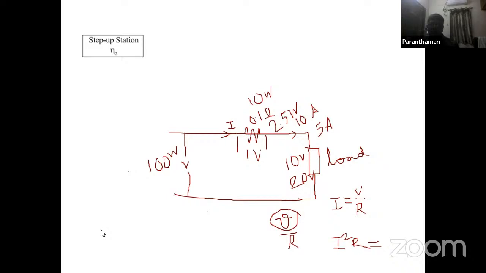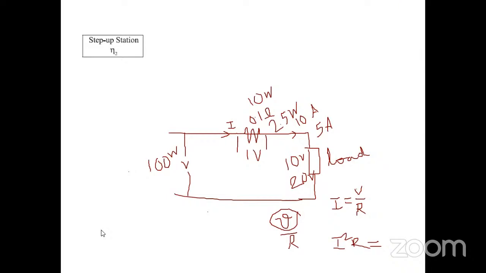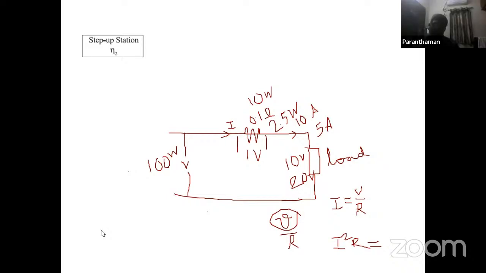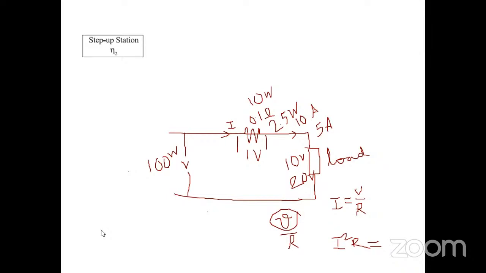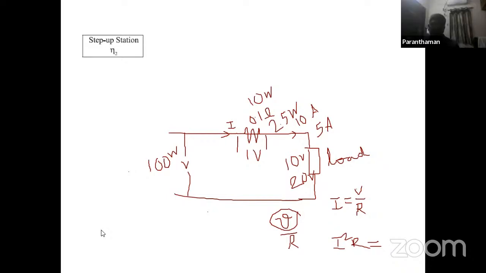In that coal, the kilocalories contained is equivalent to how much? 700 into 3,500. 3,500 is the kilocalories per kg of coal.